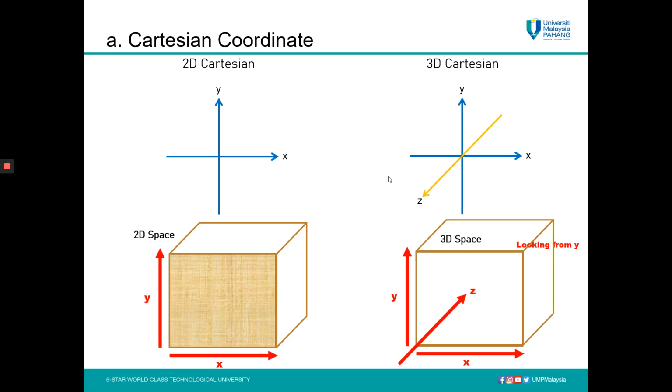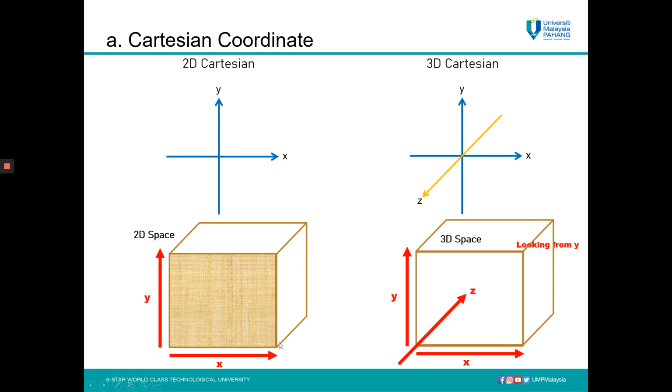So now, let me introduce you again to the Cartesian coordinate. Do you still remember what the Cartesian coordinate is? It is a coordinate system that we have used since school. There are two types of Cartesian coordinate: 2D Cartesian and 3D Cartesian. When working in 2D Cartesian, you are working on the XY axis.